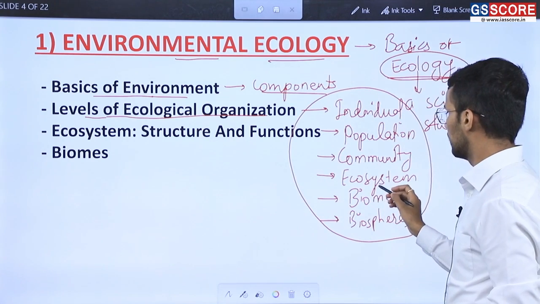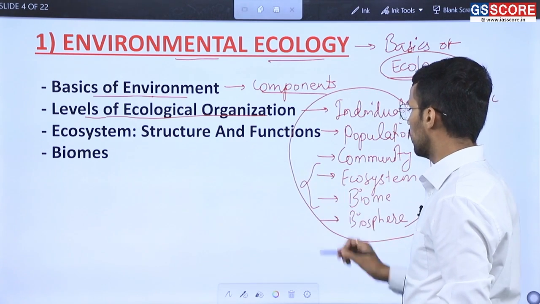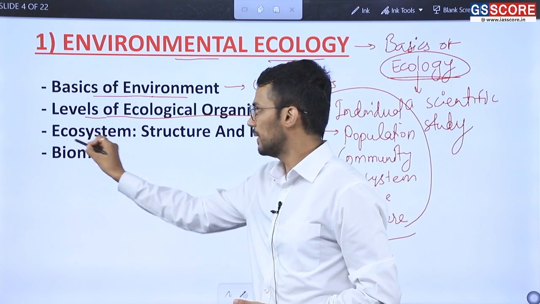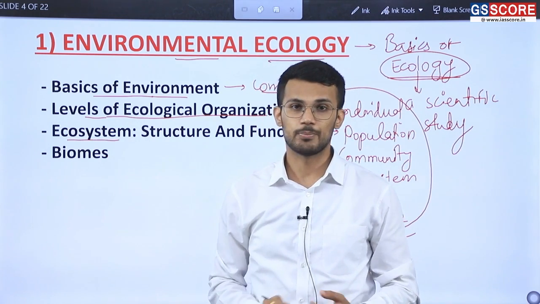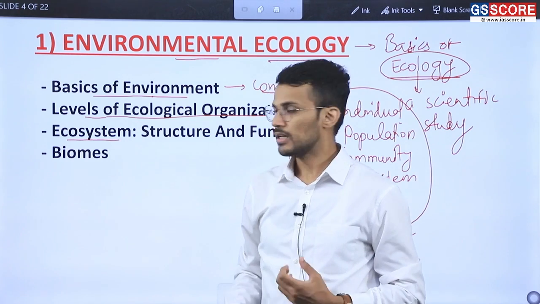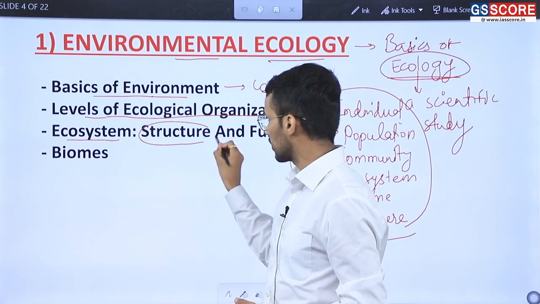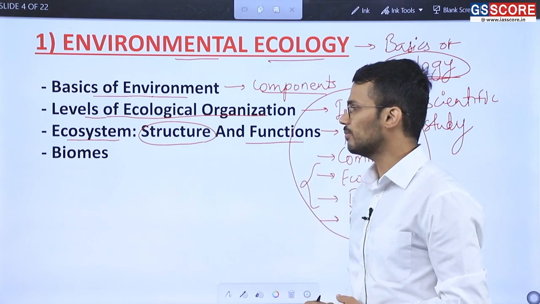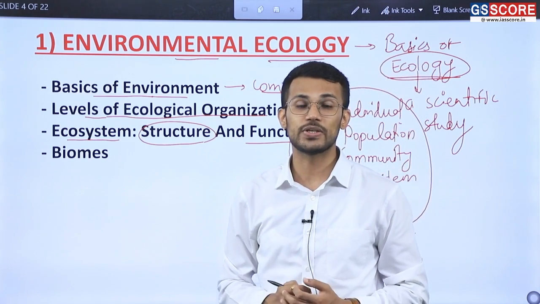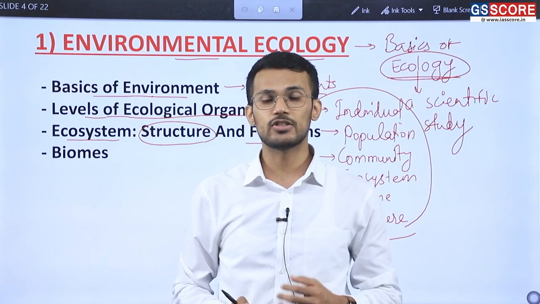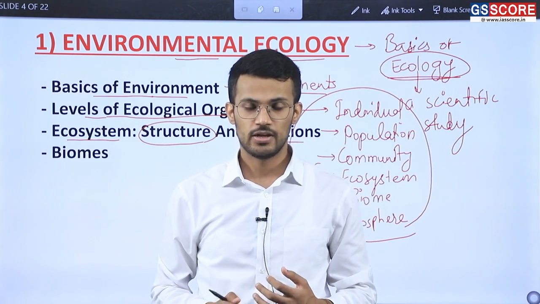So under this, these 2 are the most important levels, and that's why we'll be discussing those levels separately. For example, you can see here ecosystem, its structure and functions, right? So ecosystem has a specific structure which consists of both biotic as well as abiotic components, right?